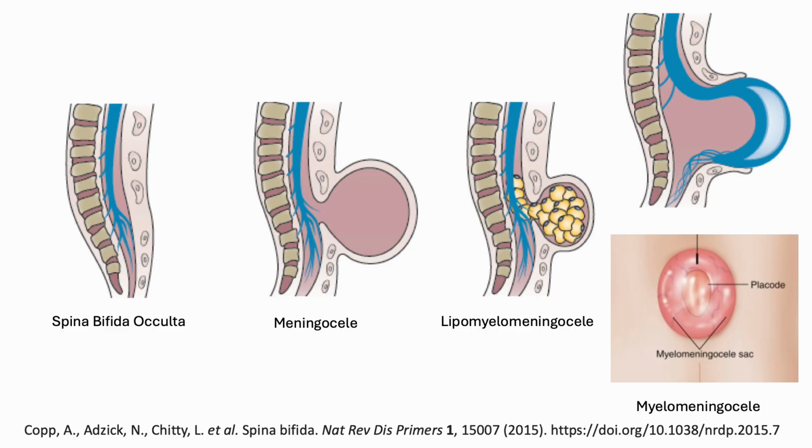Meningocele occurs when the laminae fail to develop, resulting in a sac of CSF fluid extending outside the spine. Lipomyelomeningocele is a neural tube defect where the neural elements are interspersed within the lipoma that typically extends deep, that is, down to the level of the spinal cord or cauda equina.